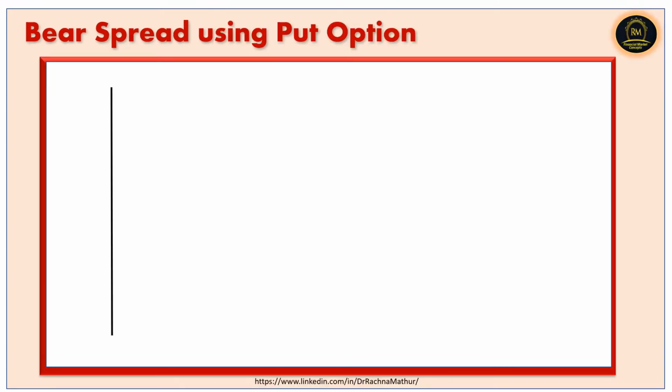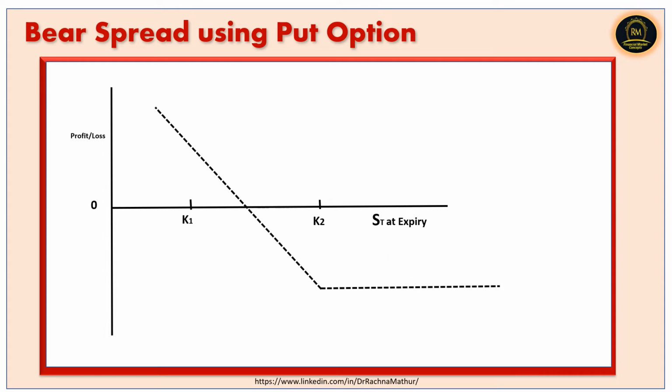Let us create a bear spread using a put option. This is the profit and loss line, and this is the stock price moving from 0 to a higher level at the time of expiry. We have two strikes, K1 and K2. We take a long position, the long put.